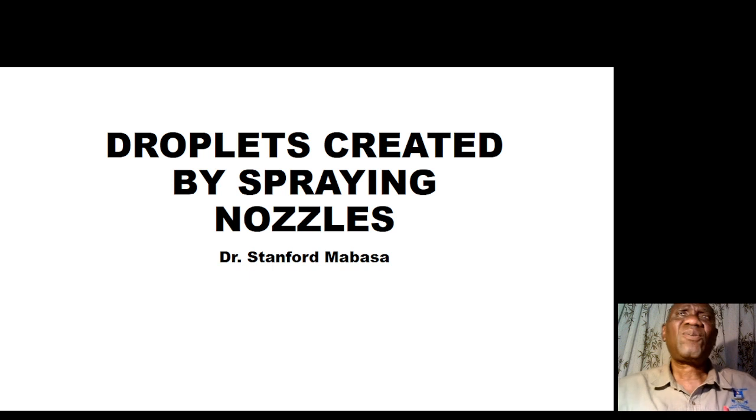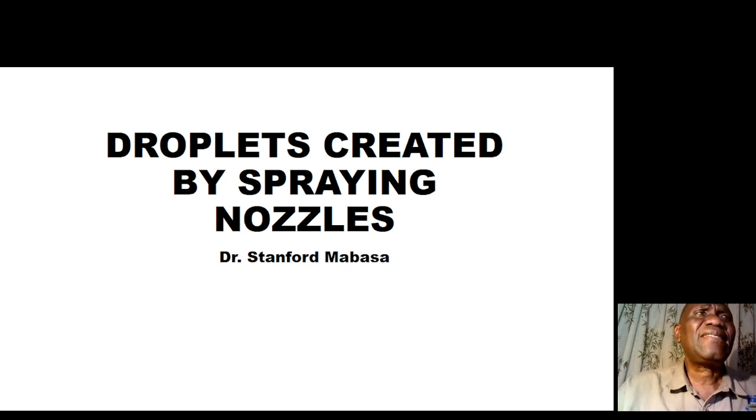So let us talk about what comes out of these sprayers. We know that the sprayers are fitted with nozzles which create droplets. So the pesticide is delivered in the form of a droplet.